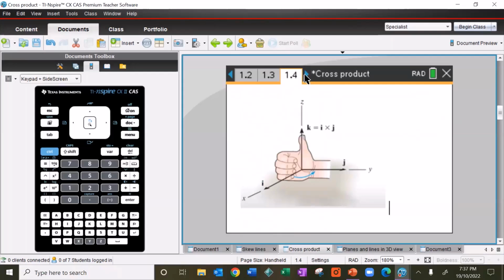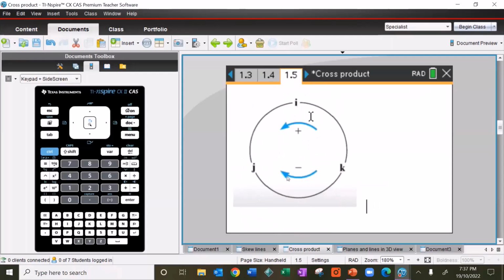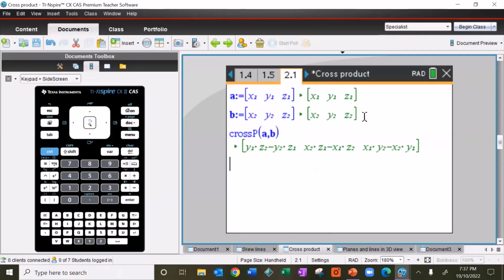So here is a picture of how we use the right hand screw for our I, J, K, and also a nice picture for the students: going this way, it's positive, going this way is negative. We can also, in the notes page, have any vector in general, and then we'll get the formula for the cross product, which links to the determinant if students will be doing it by hand.